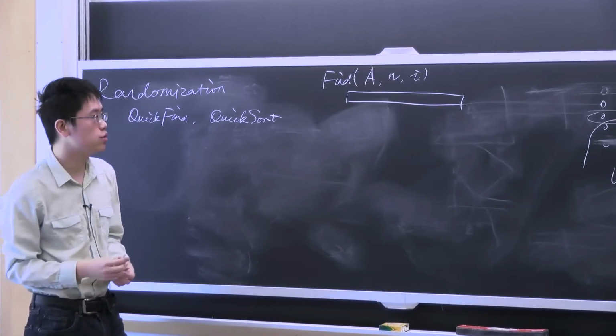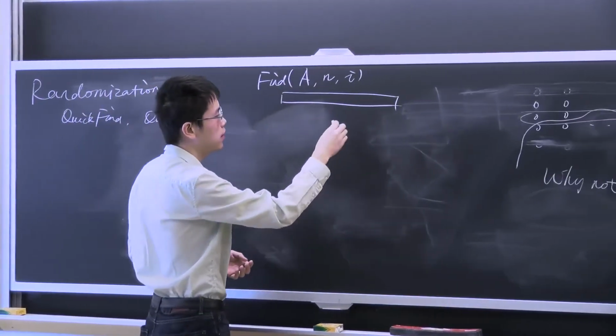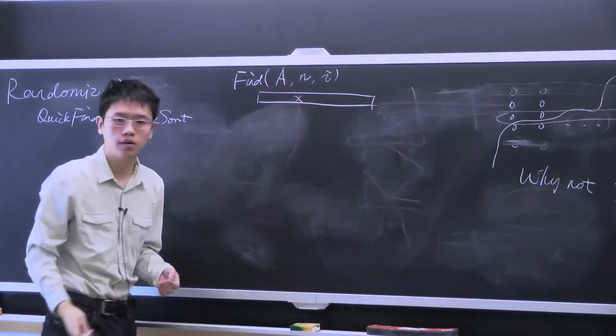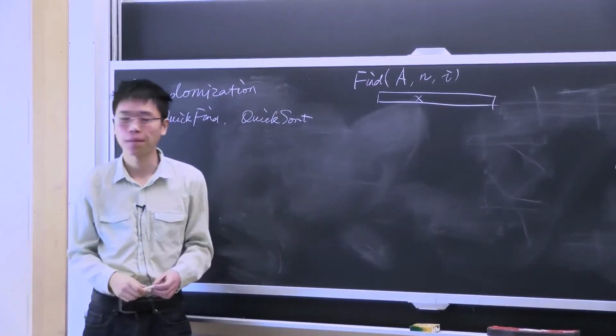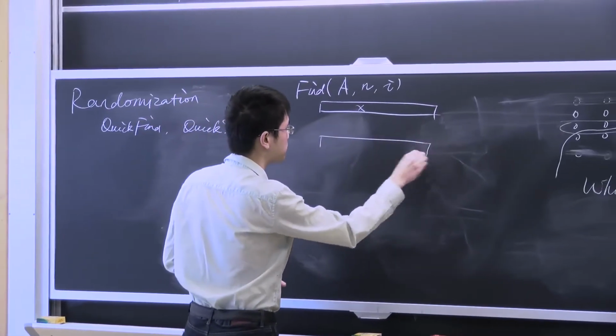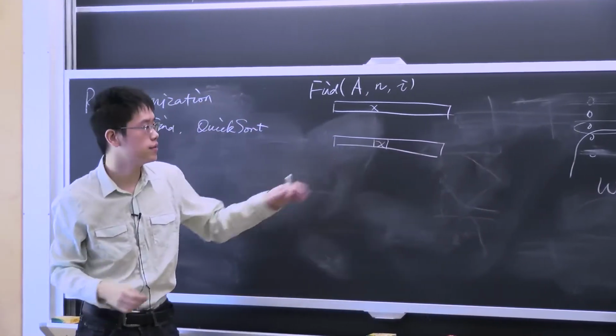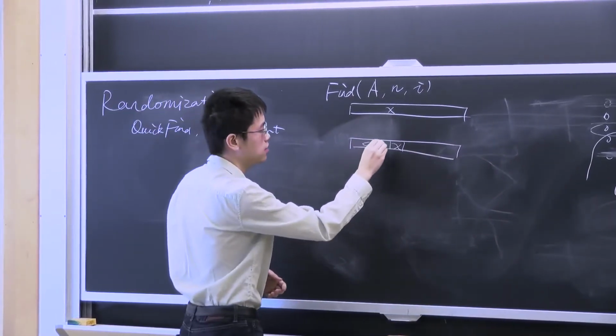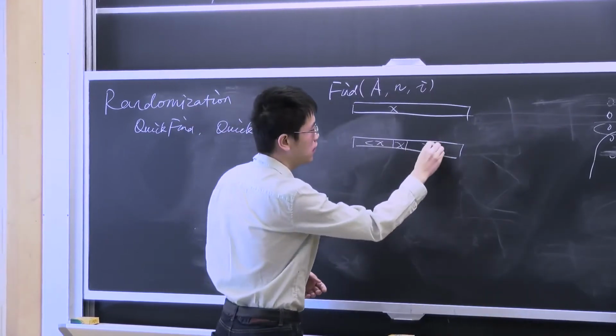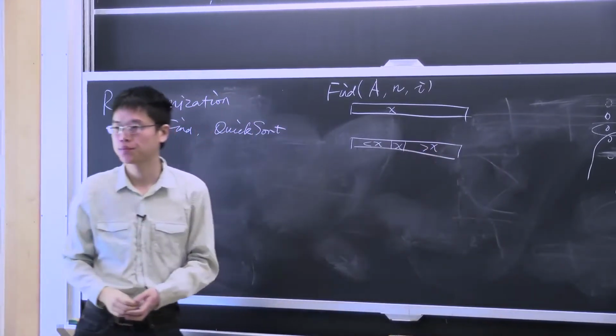So what we're going to do is pick a random element x in this array. And then we'll put all the smaller elements on this side and all the larger elements on that side.